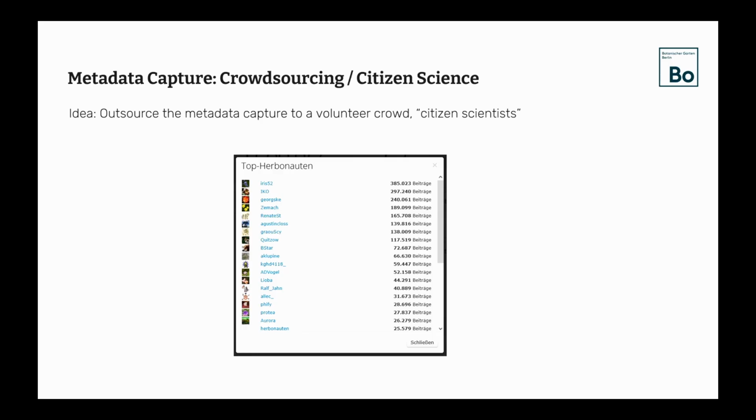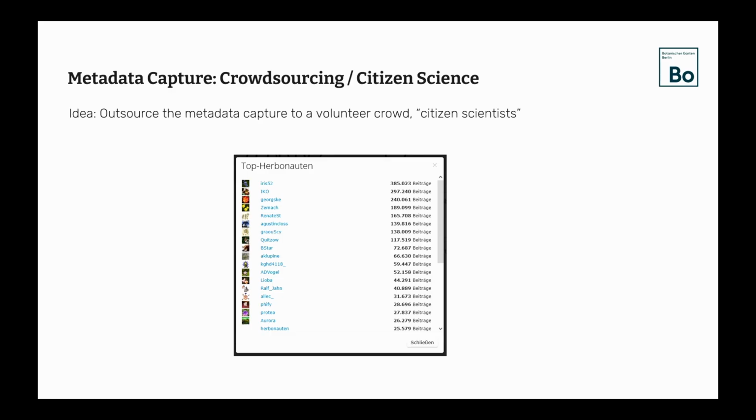By including this element of competition, it was really amazing how eager people were to transcribe more data and to be better than each other. This is the list of the top herbonauts in Berlin, and you can see that some of them did 300,000 contributions.